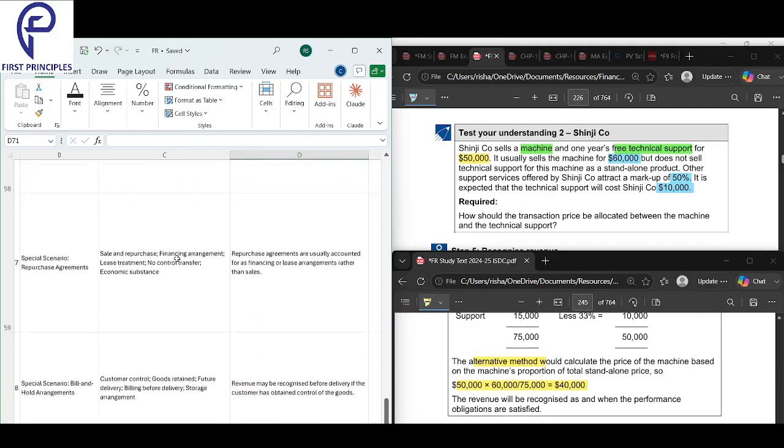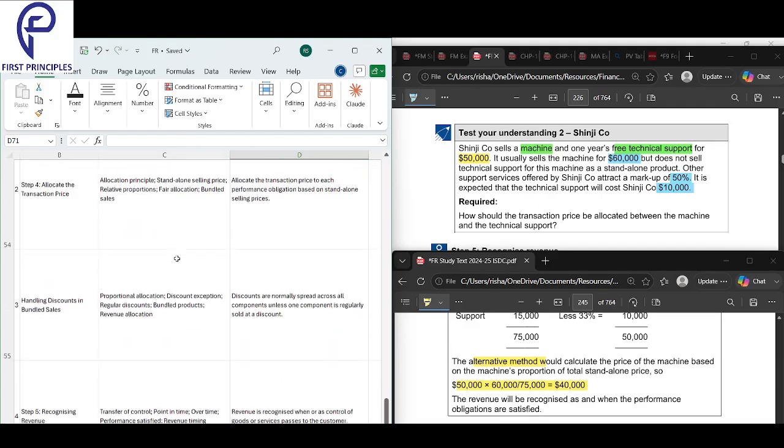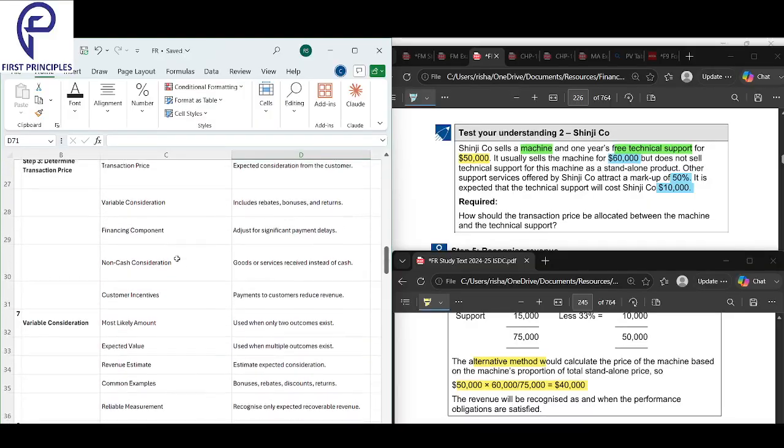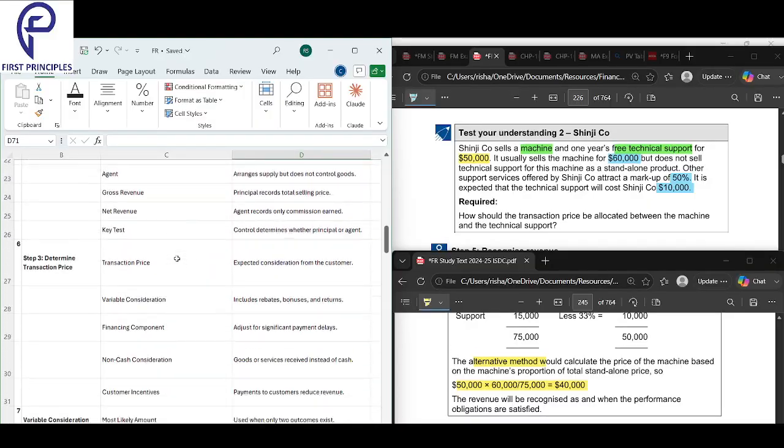This is the allocation of the transaction price between the two performance obligations based on the standalone selling price.